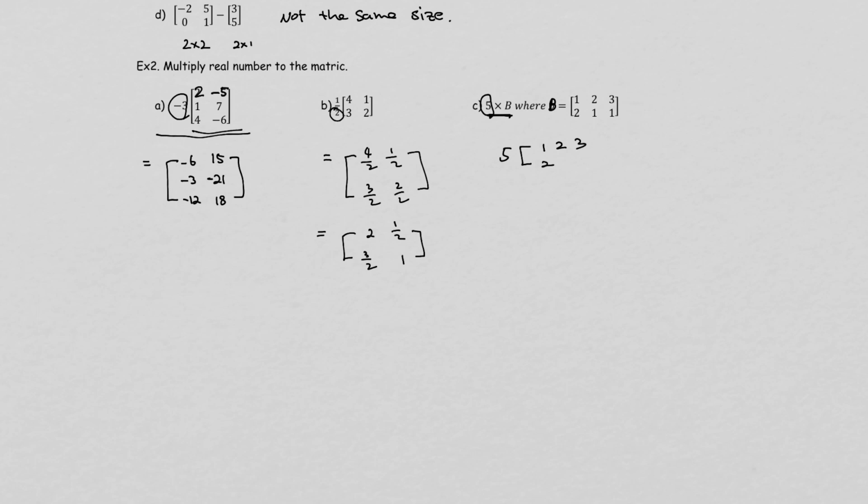When you're multiplying 5 times matrix B, which is a 2 by 3 matrix, you need to multiply each element. So it gives you 5, 10, 15 on the first row. The second row will be 10, 5, 5. So that's how you multiply a matrix by a whole number or real number.